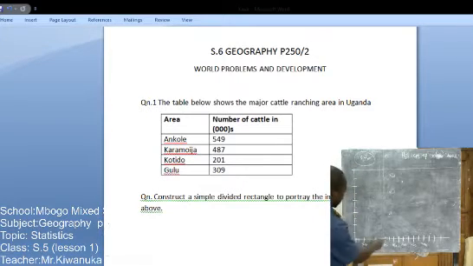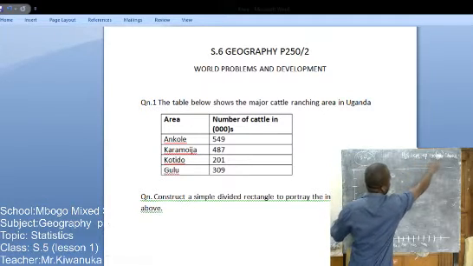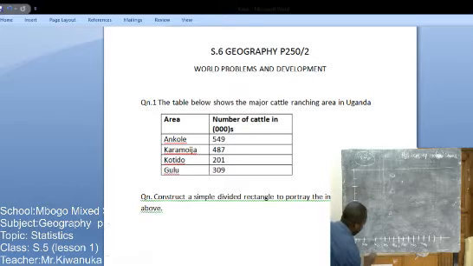So I was transferring the scale that 1 centimeter represents 100,000 cattle. So even here we had to label that this is cattle in thousands. So this is 100 thousands, 200 thousands, and we keep on adding 100. 100 plus 100, 200 plus 100, 300 plus 100, 400 plus 100, 500.